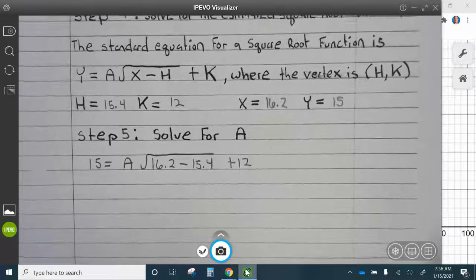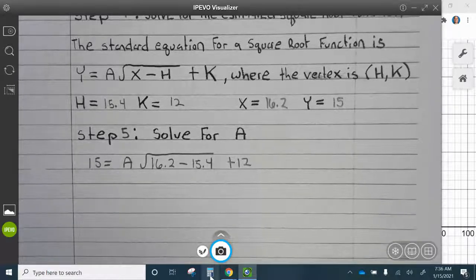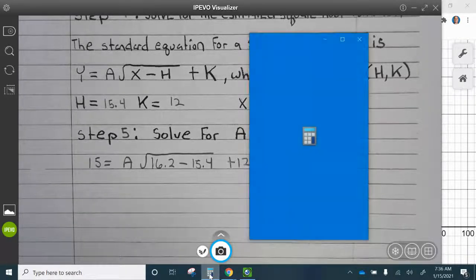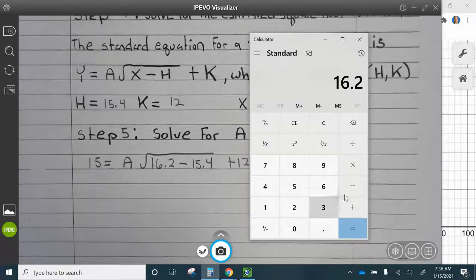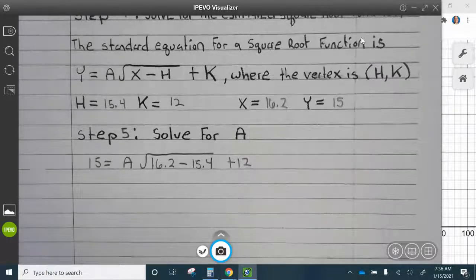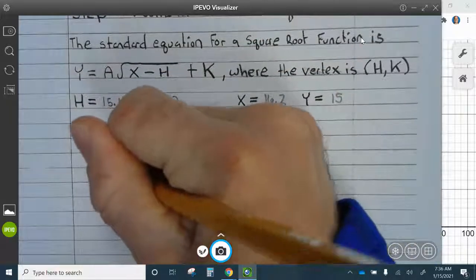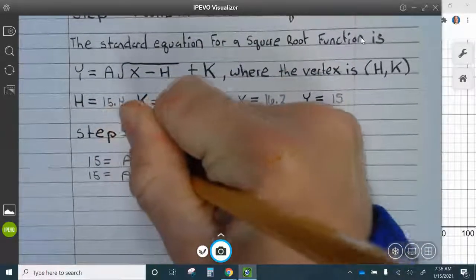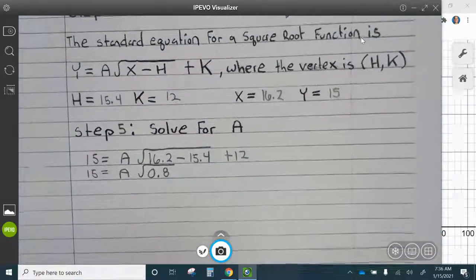So we need to know what 16.2 minus 15.4 is. We can just use a simple calculator for that. 16.2 minus 15.4 is 0.8. So 15 equals a times the square root of 0.8, plus 12.